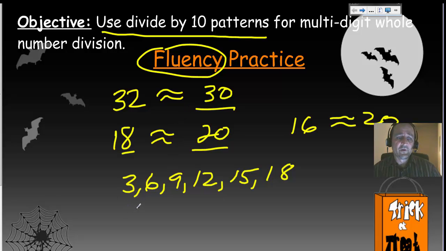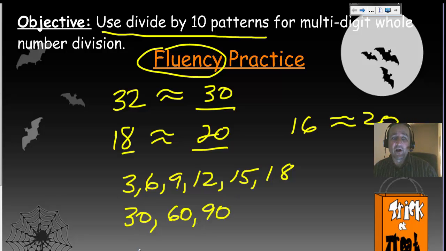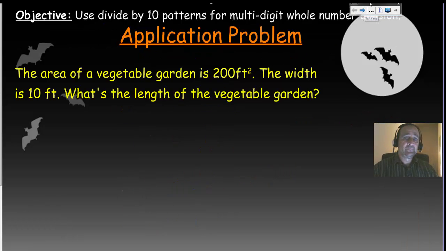For example, 30, 60, you get the idea, 90. Now we're moving it up into the higher level. You could do the same thing by 4s: 40, 80, 120, 160. We're doing this fluency practice to understand that elusive power of 10, I say. Okay, next page.